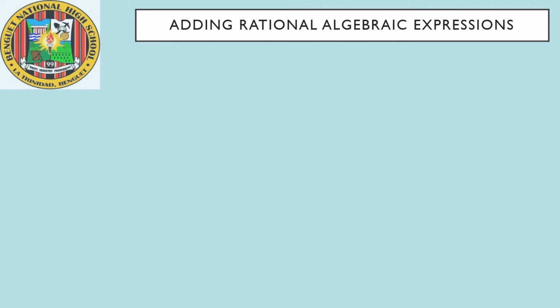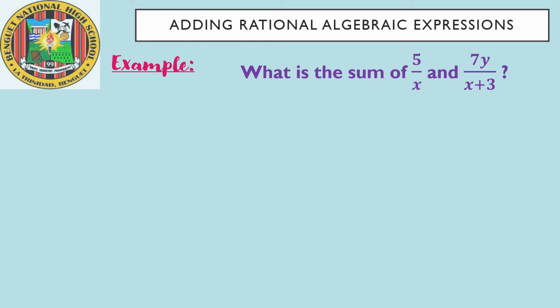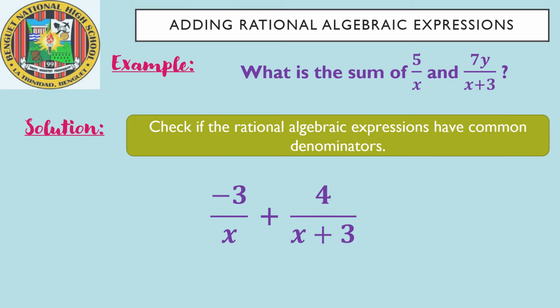Let us study the process of adding rational algebraic expressions with different denominators by an example. Given 5 over x and 7y over x plus 3, we are going to add these expressions by first checking if they have common denominators.